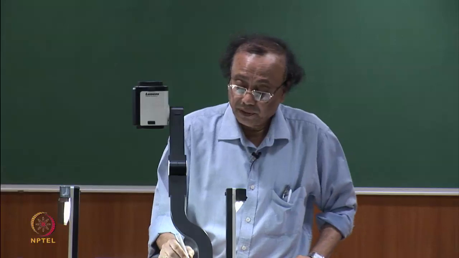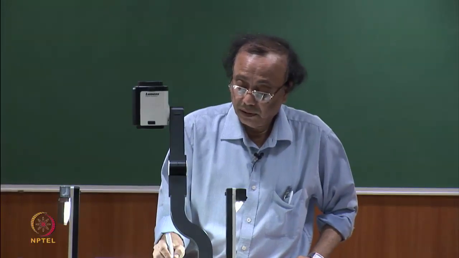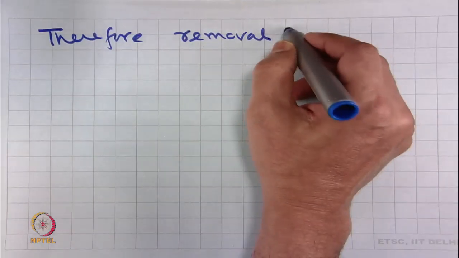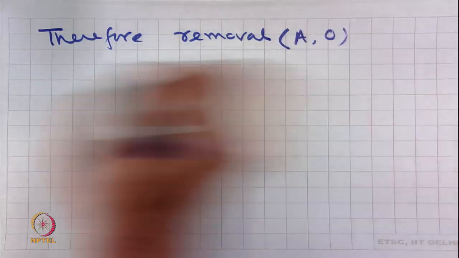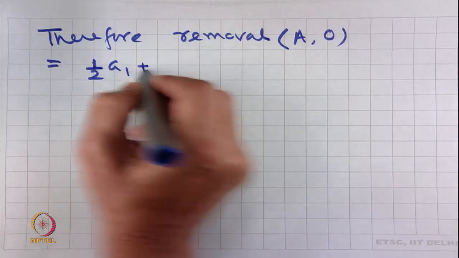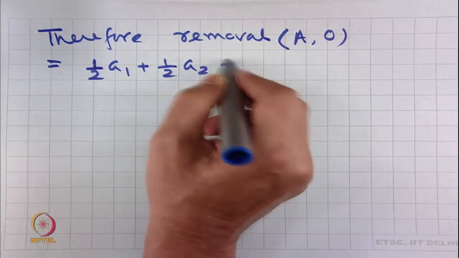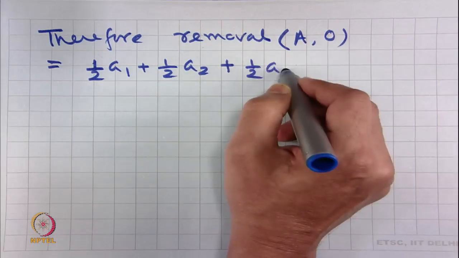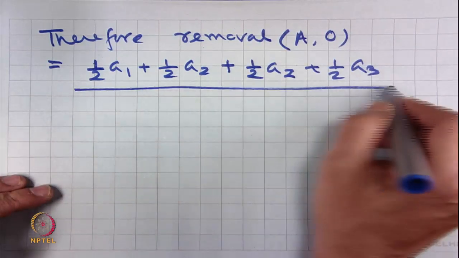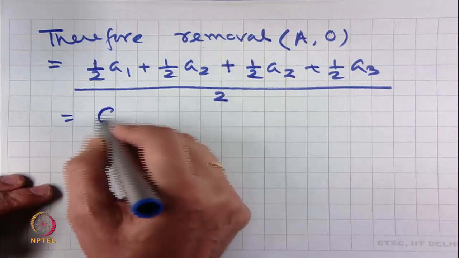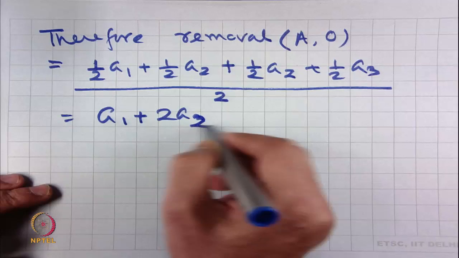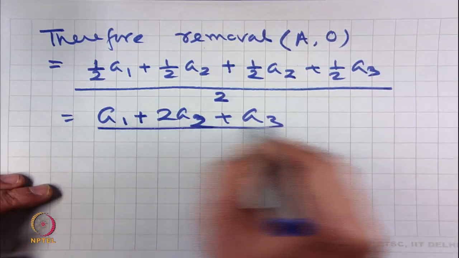Therefore, removal of A comma 0 is equal to half of A1 plus half of A2 plus half of A2 plus half of A3, divided by 2, which is equal to A1 plus 2A2 plus A3 by 4.